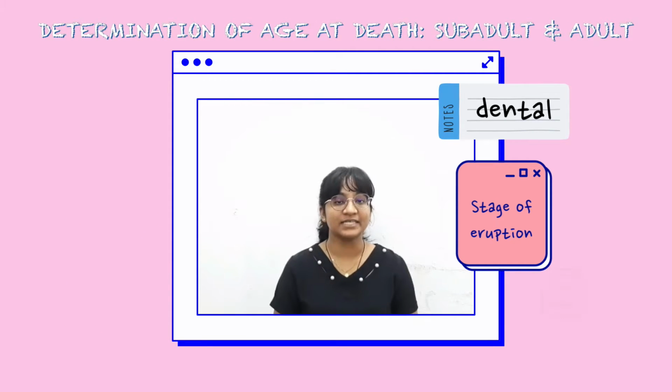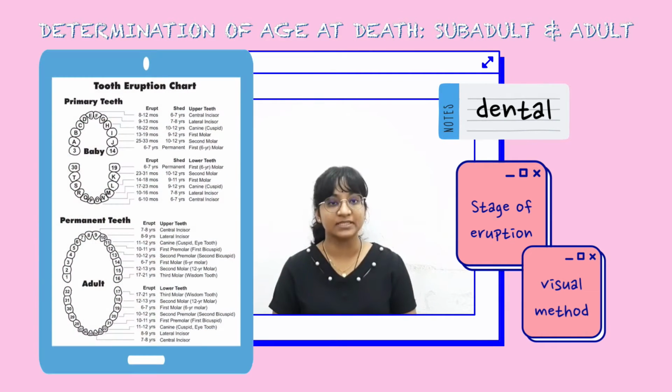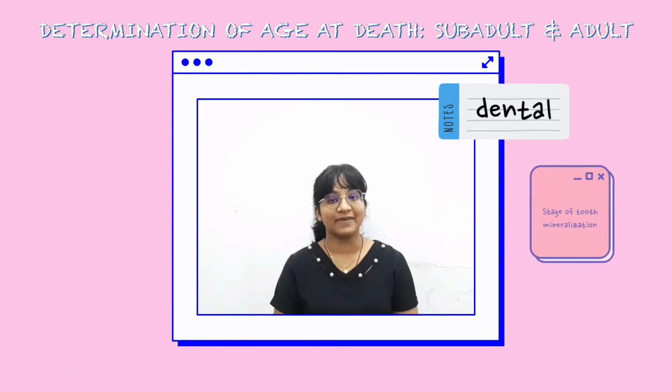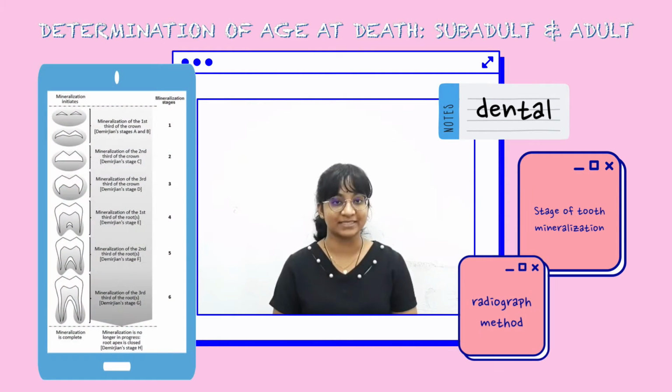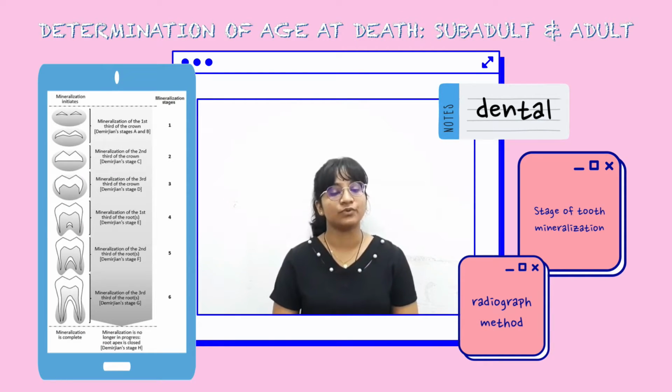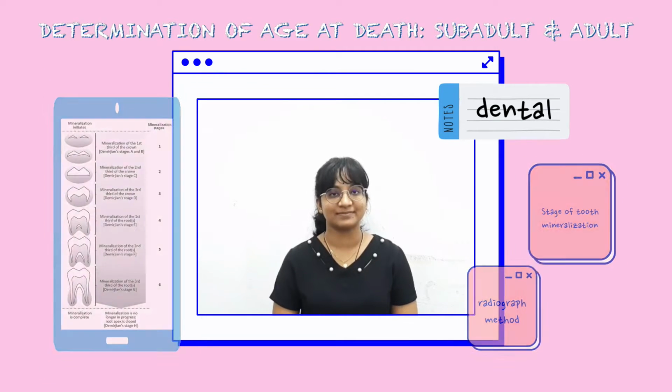Stage of eruption is a visual method based on the evaluation of the sequence of teeth eruption in the oral cavity, whereas stage of tooth mineralization is a radiograph method of the dentition which is used to determine the stage of dental development of the teeth, from initial mineralization of a tooth and crown formation to root apex maturation.